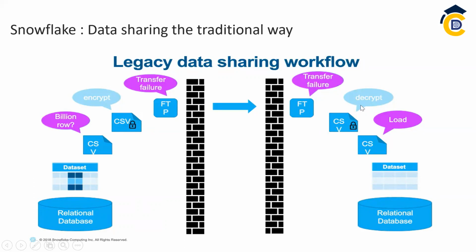And then you have to decrypt it and reload it. In between, it could have a lot of issues: data losses, network failure, and so many things, right? And what to hide, what not to hide, all those logics you have to write, correct? So this is the normal traditional data way you are all going through.